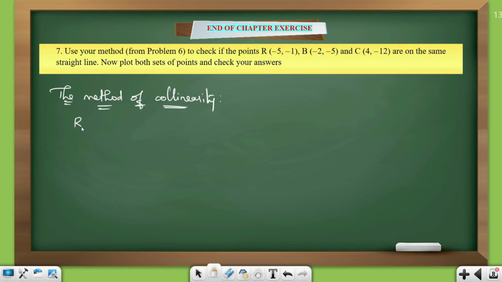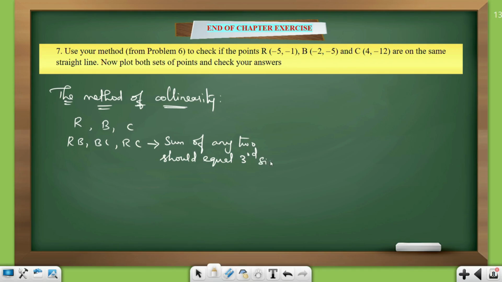Suppose here we are having the points A, B and C. We need to find AB, BC and also AC. Out of the 3, the sum of any 2 should be equal to the third side. Then we can say that the 3 points are collinear.